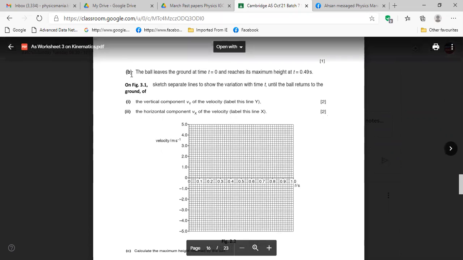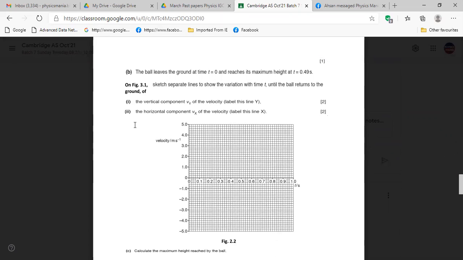Farhan, read this part, B. The ball leaves the ground at time t equals 0 and reaches its maximum height at time t equals 0.49 seconds.